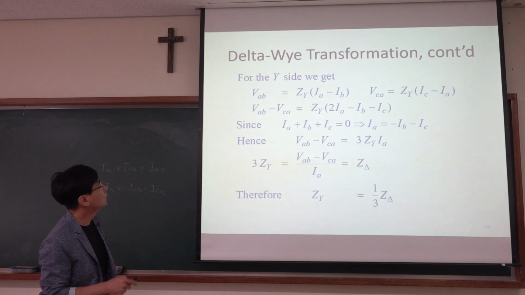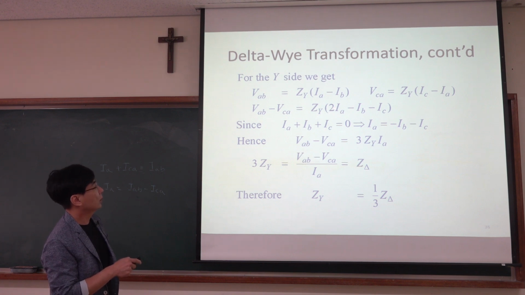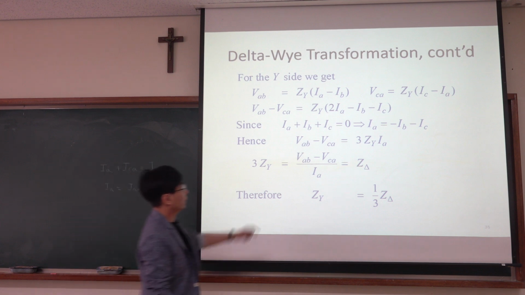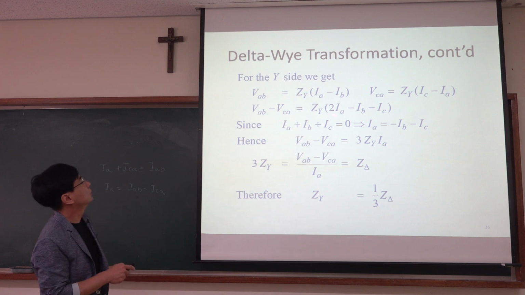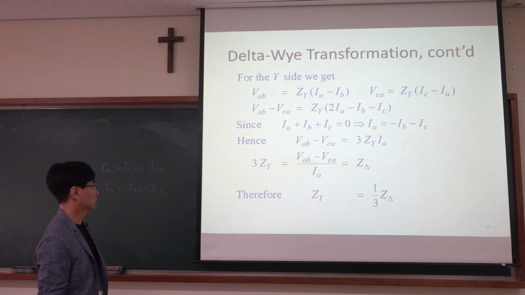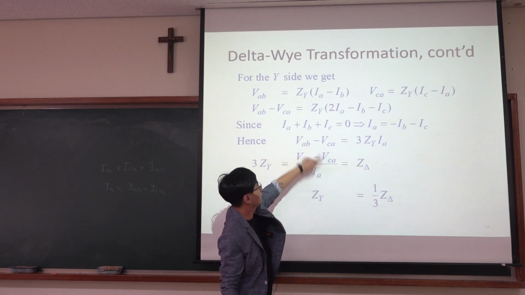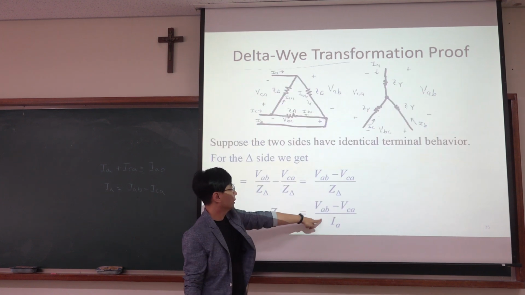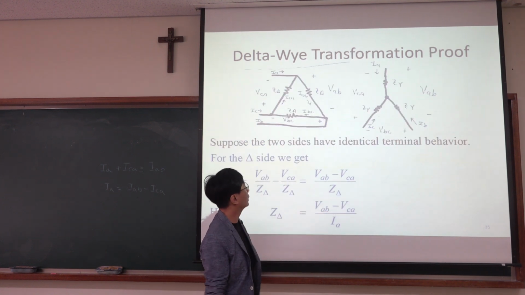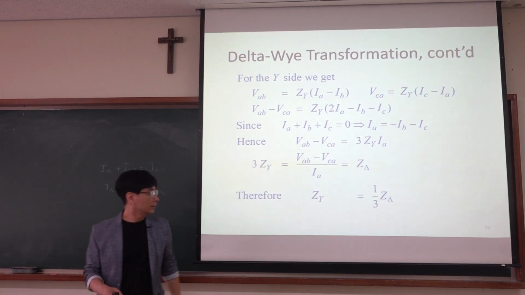So here, minus IB minus IC is same to IA. So this part becomes 3 times IA, or 3 times ZY IA. So you see that this over IA is 3 times ZY, and this quantity we already computed here, VAB minus VCA, right? So this is the conclusion.